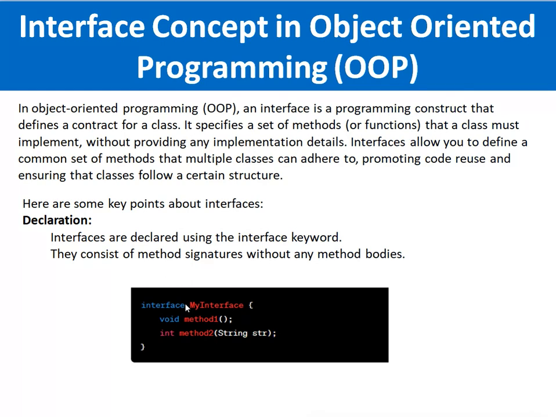So the interface is only providing you the construct of the methods mentioned here, and it doesn't have any body. Okay, so that means MyInterface consists of two methods, void method1 and method2, and it doesn't have any body.